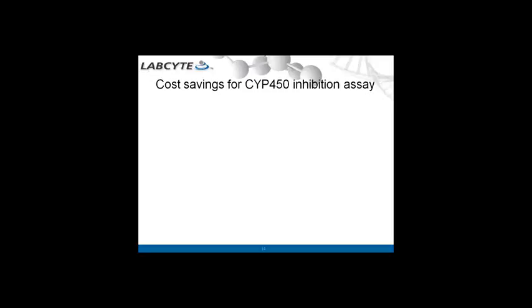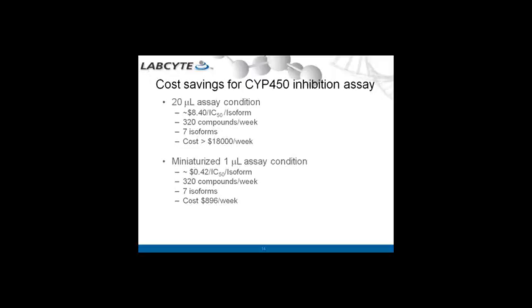Earlier, I showed how much it would cost for running CYP inhibition assay. It will cost over $18,000 per week to run 320 compounds per week. In the miniaturized assay format, you can expect to spend 42 cents per compound per isoform.